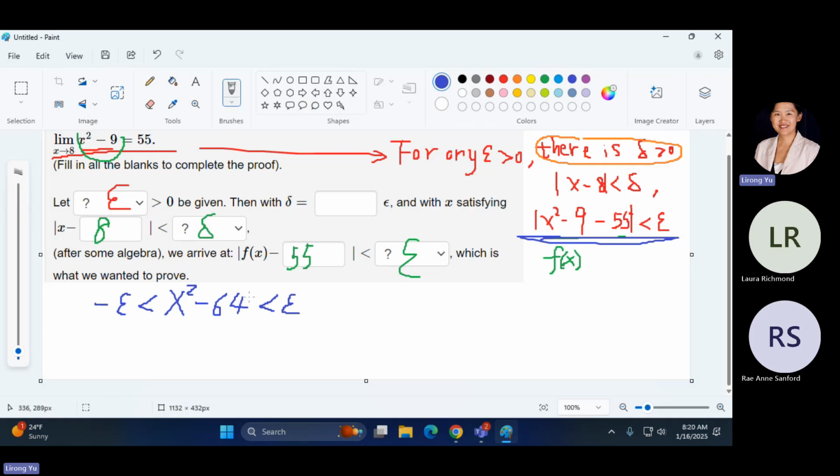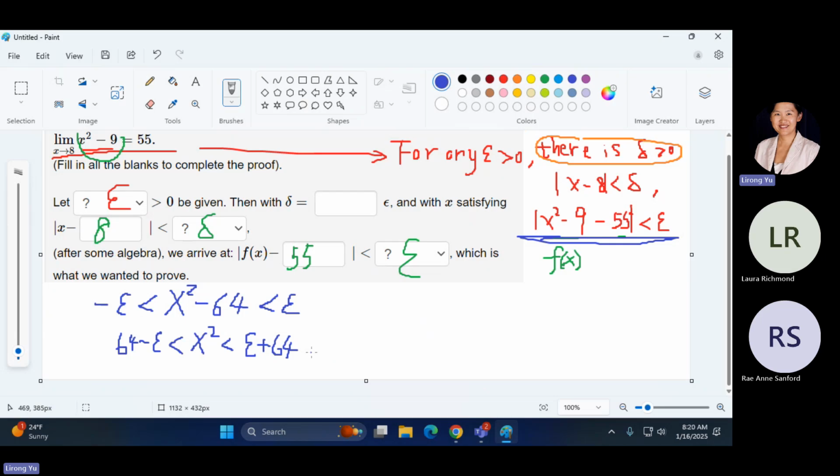And then we're going to add 64 to both sides of the equation. Then you have x squared plus 64 minus 64 in the middle, plus 64 on the right, so we add 64 on the right. We also add 64 on the left, 64 minus epsilon. That will be what we have on that side.